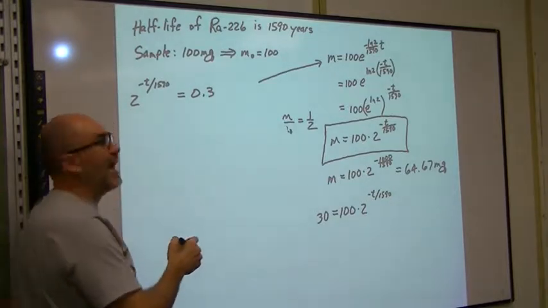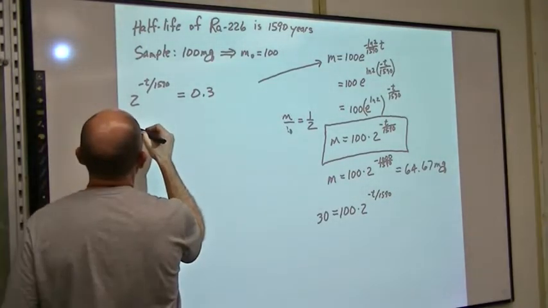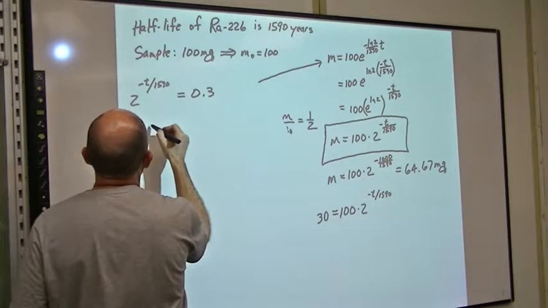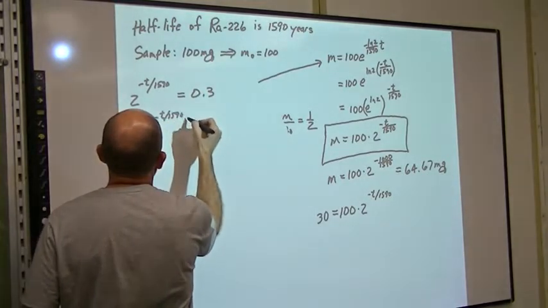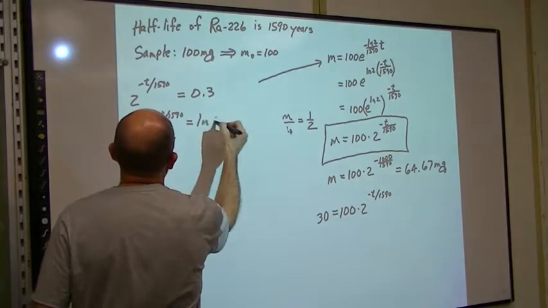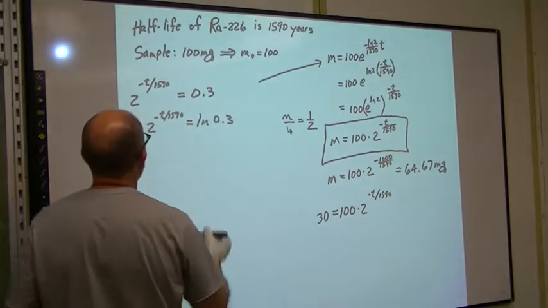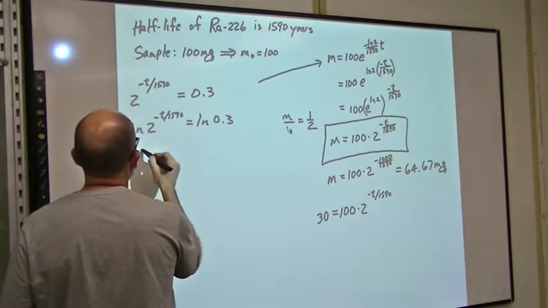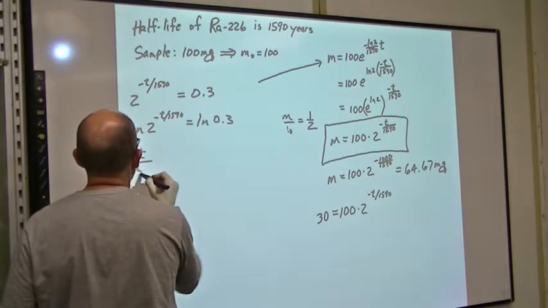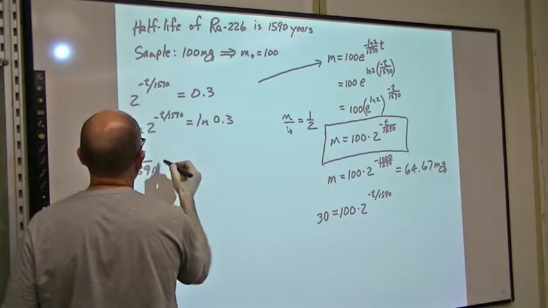So then we go natural log of both sides. So natural log of 2 to the negative t over 1590 equals natural log of 0.3. And now I bring the negative t over 1590 down.